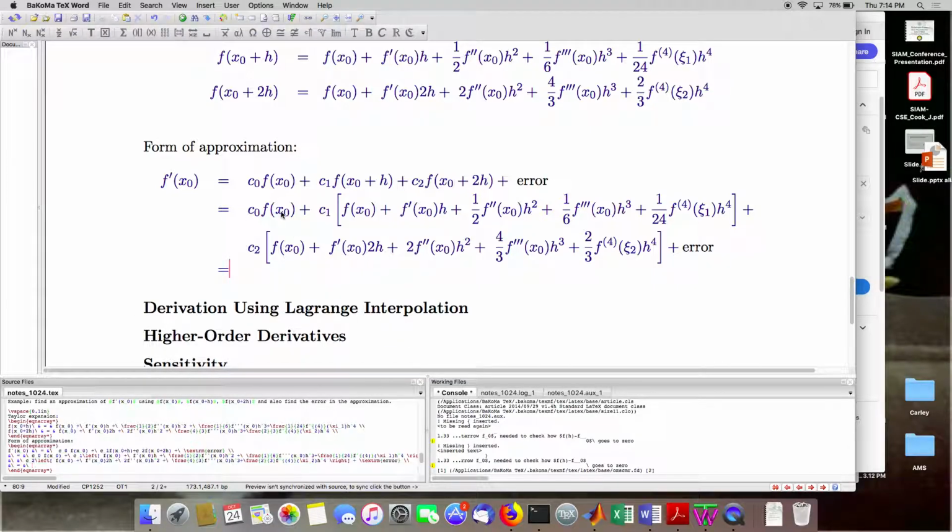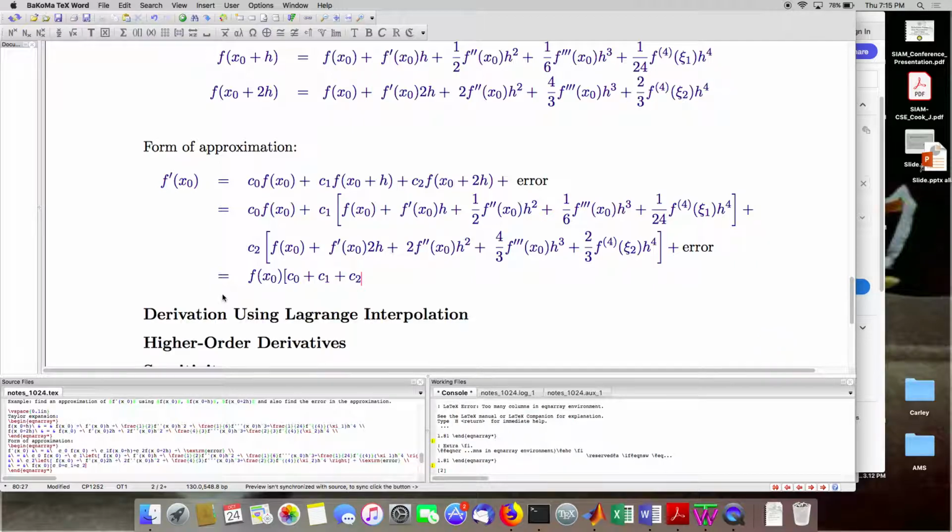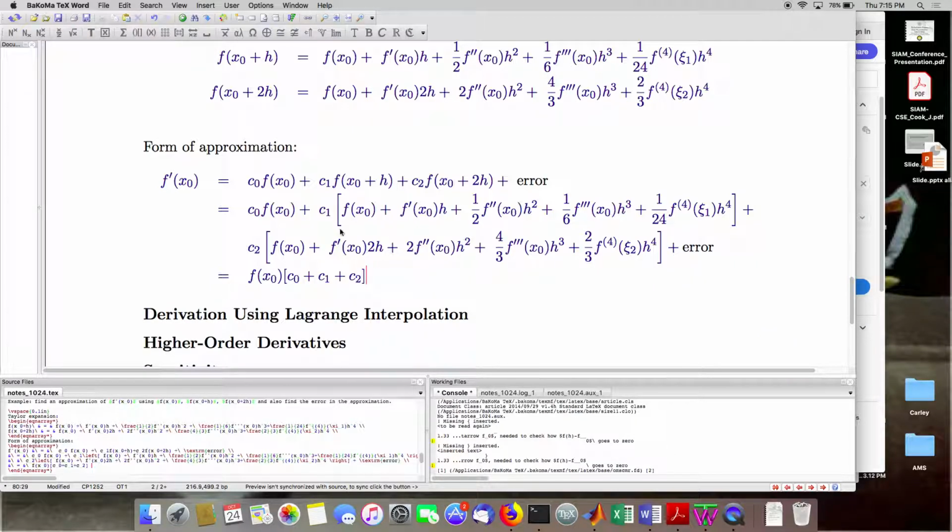If we look at all the terms multiplying f of x naught, we have C0, C1, C2. So f of x naught times C naught plus C1 plus C2. In fact, in any differentiation rule, f of x naught is going to be multiplied by the sum of all the unknown coefficients.